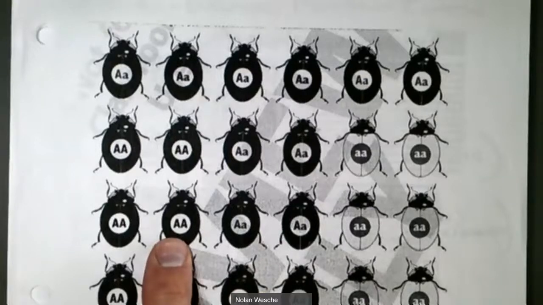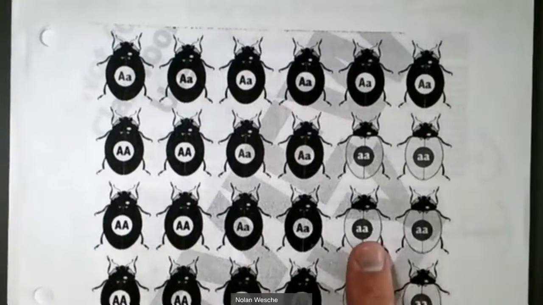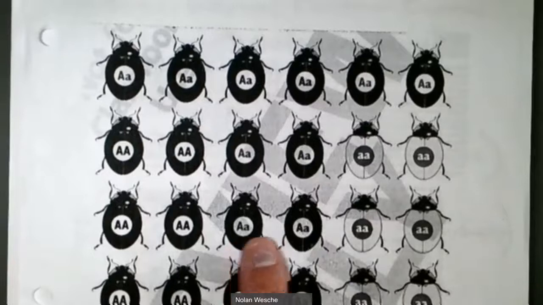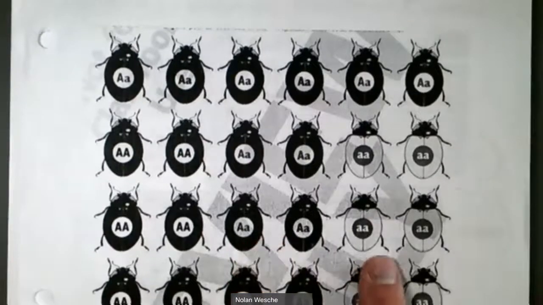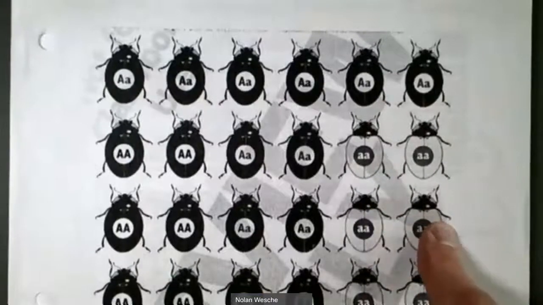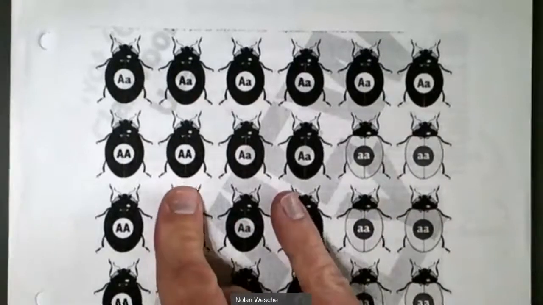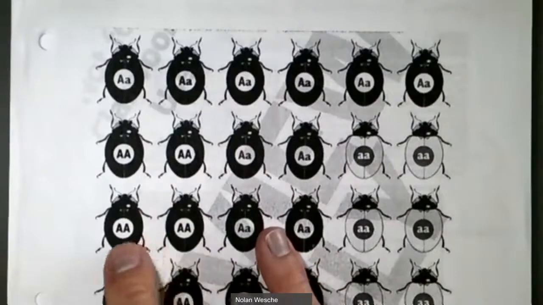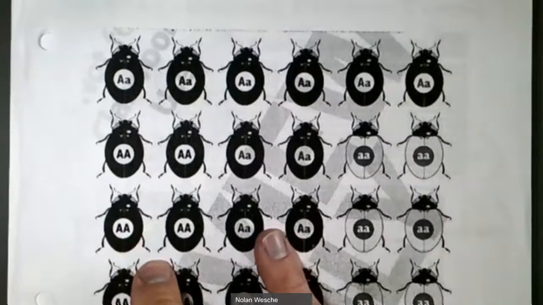That'd be P squared. Q squared would be the number of homozygous recessive individuals. And then 2PQ would be the number of heterozygous individuals. I'd be able to determine how many homozygous recessive I have because they look different, but it'd be very difficult without some sort of equation set or algorithm to figure out how many look like this in terms of genotype and how many are like this. So that's what we use the equation for.